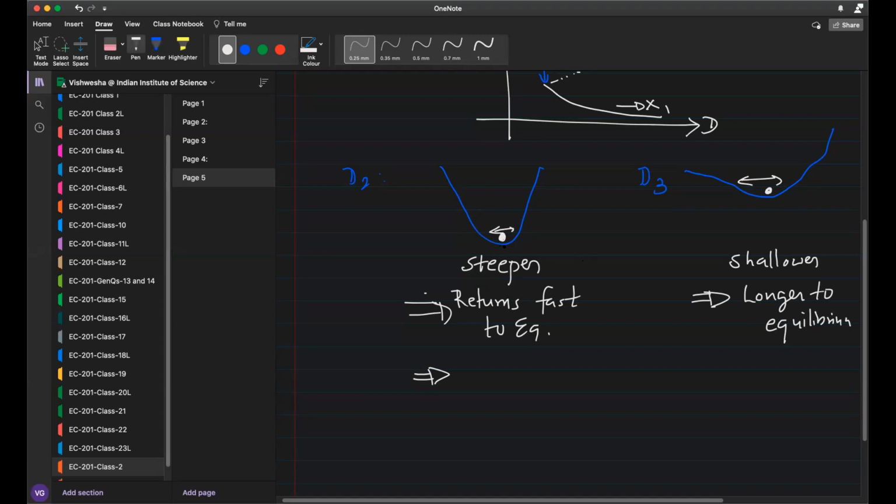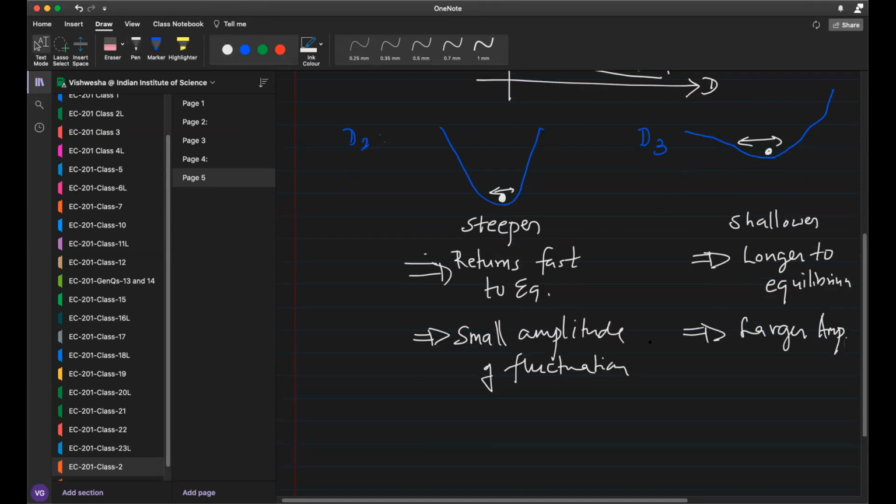So what's the difference between them? This one will not be able to climb up as much as this one, right? Because it's a shallower well. So therefore this has small amplitude of fluctuations, and this has larger amplitudes.